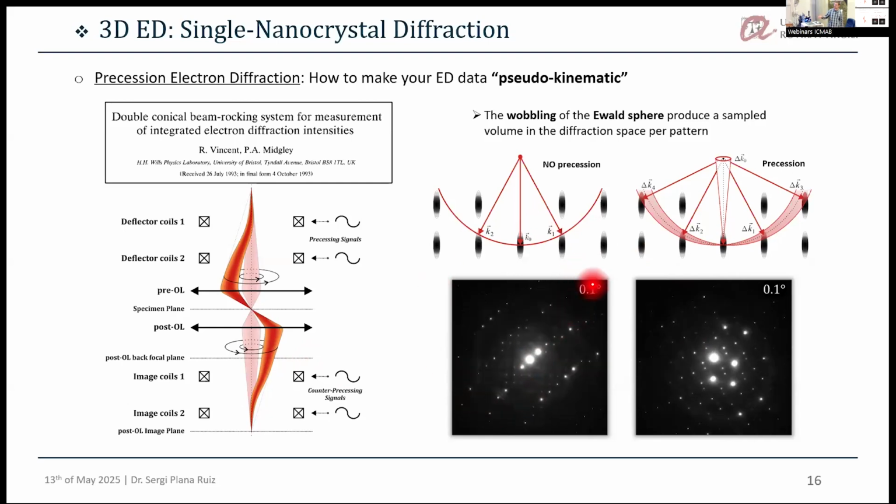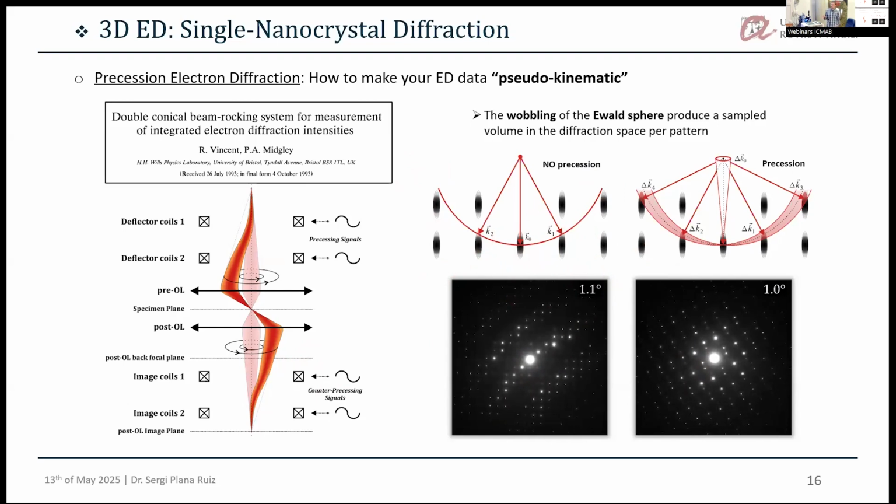So by doing that, we can get these nice diffraction patterns that we see here. This is increasing the precession angle. So we can see how many more reflections are appearing. We have a more uniform distribution of intensities. And if we look into the geometric aspect, if you don't use precession, we have this, let's say, evil sphere, right? When it intersects with the reflection, this is what we will see in our diffraction pattern.